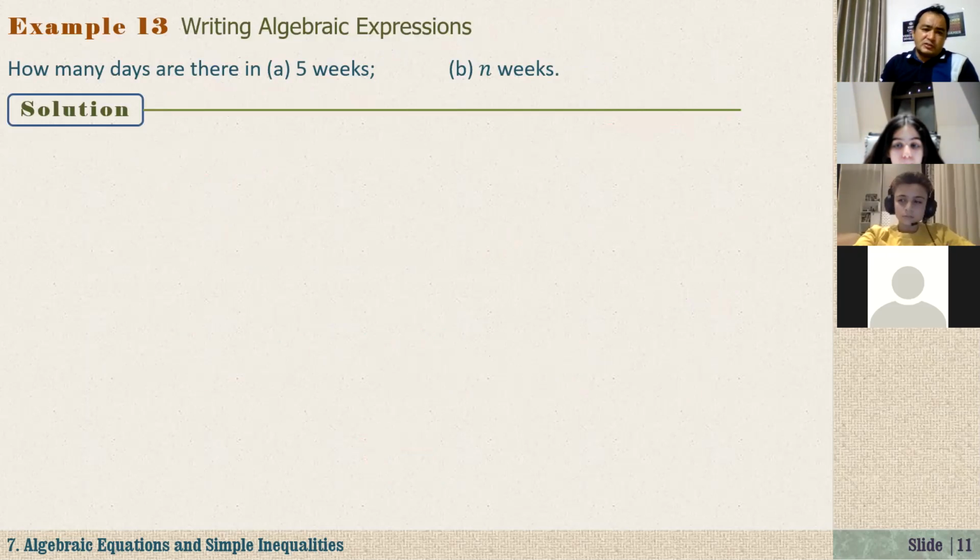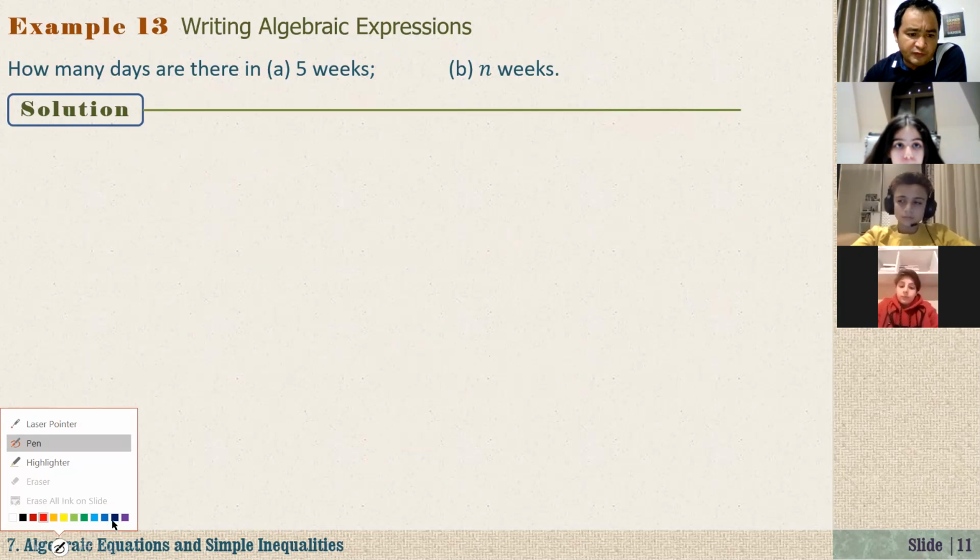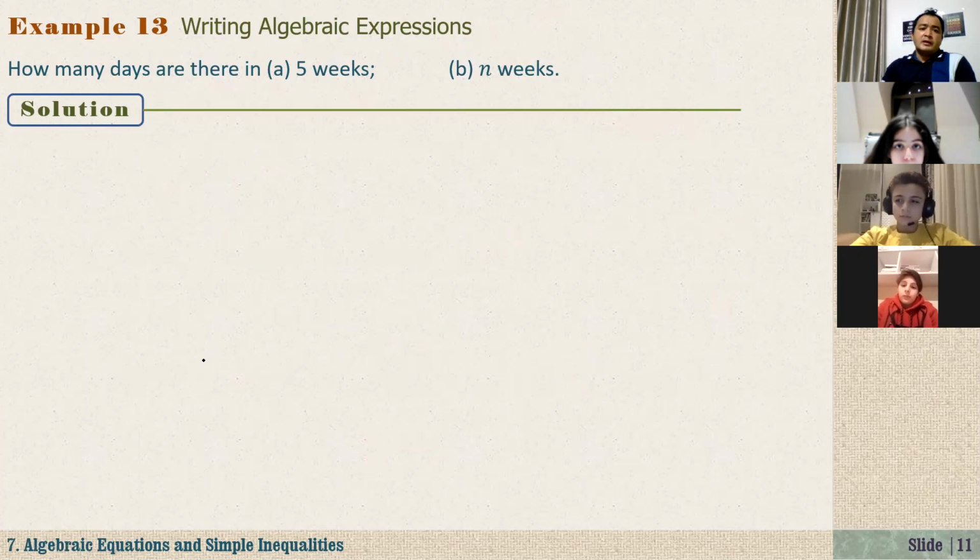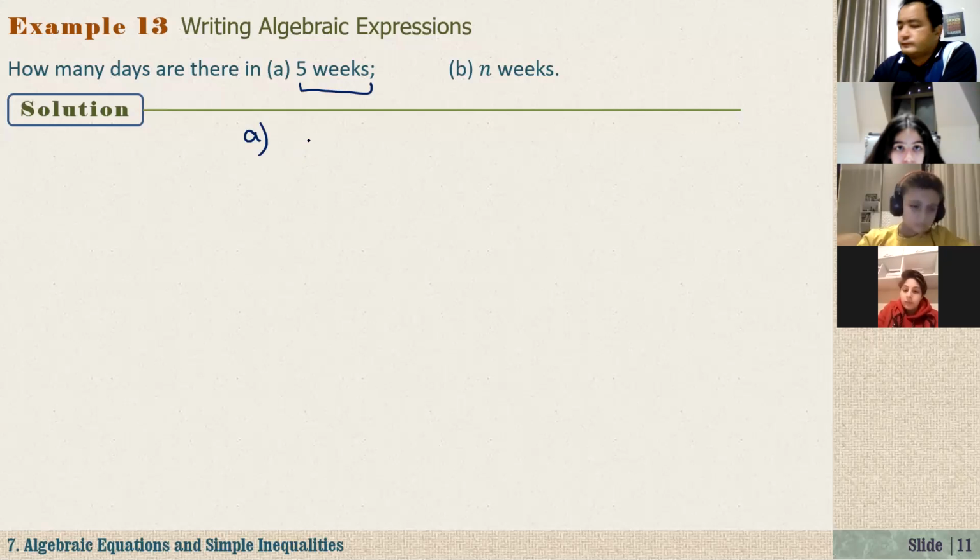Writing algebraic expressions. Let's also do these questions quickly, and we will focus on solving problems. How many days are there in 5 weeks? So we know that it is 5 weeks multiplied by 7.